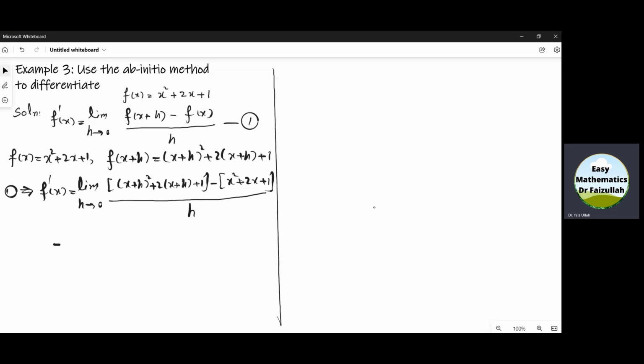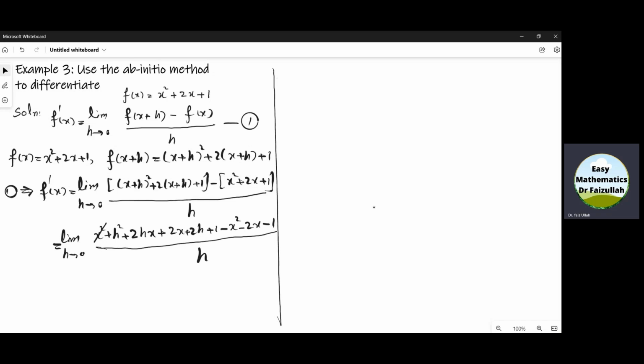Let us simplify this. So if we simplify, we have limit h approaches 0. From this we have x square plus h square plus 2hx. From the next term we have 2x plus 2h plus 1. If we multiply minus, we have minus x square minus 2x minus 1 and whole divided by h.